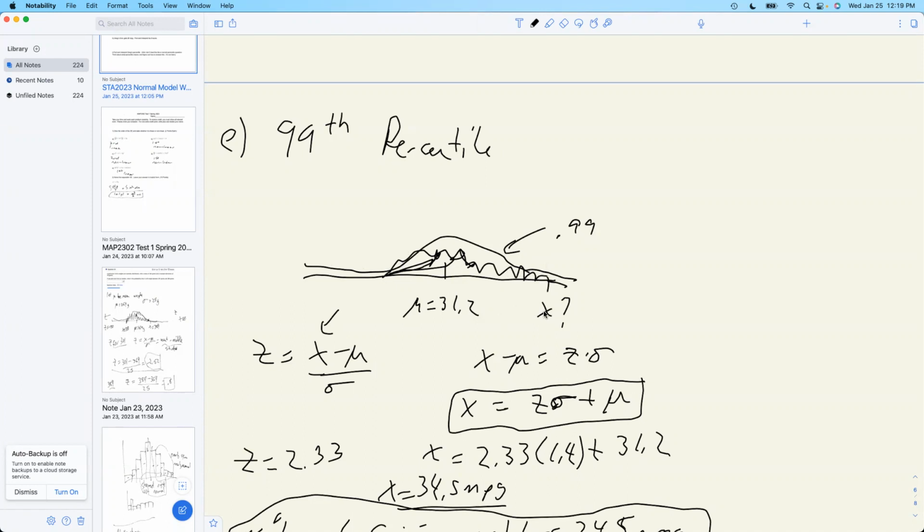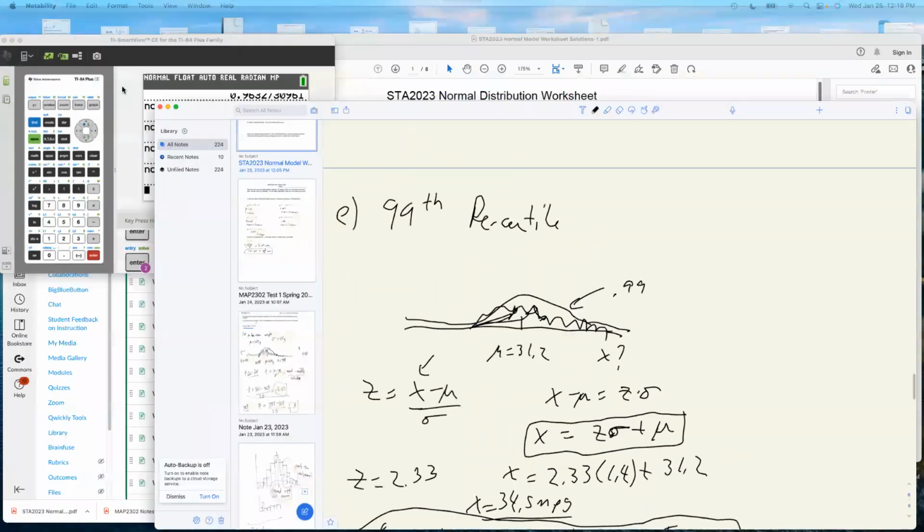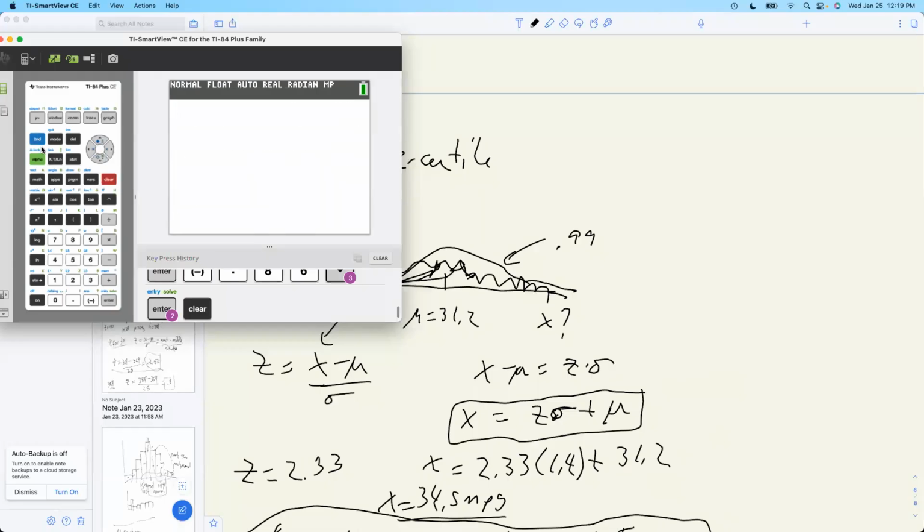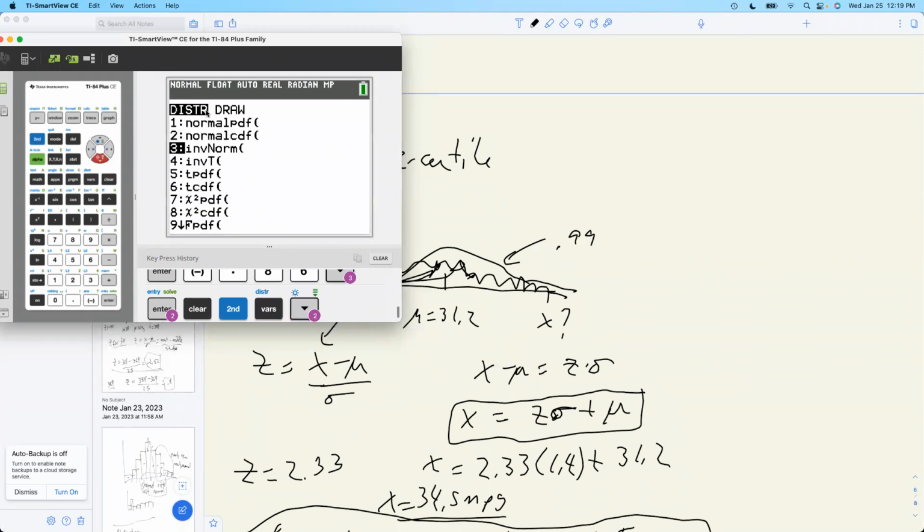So I use a different button on the calculator here. We're working backwards. They gave me the percentage. I want to work backwards and find the X. So that's a different button on the calculator. That's inverse norm. That's number 3. The only ones of these we're going to use are 2 and 3.